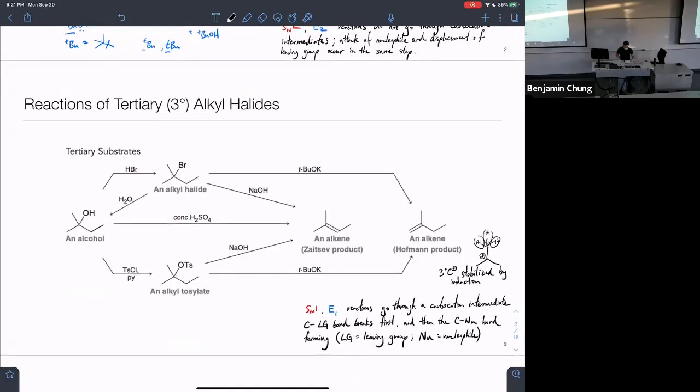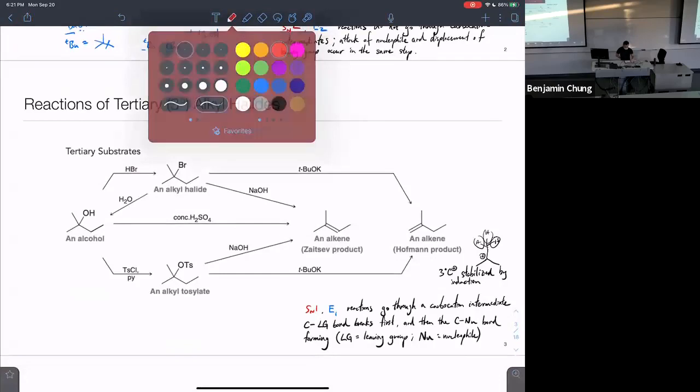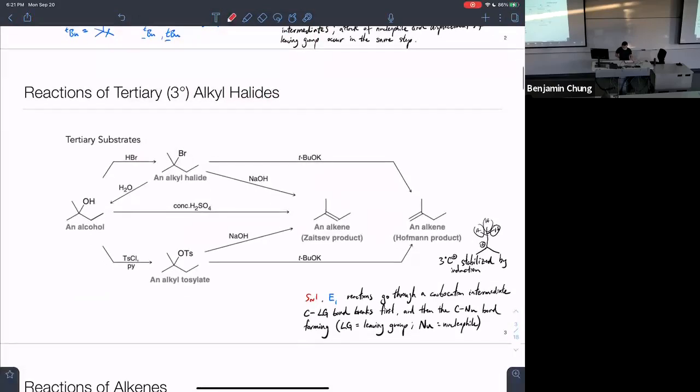Okay, so let's go through all of these reaction arrows like we did for the previous slide. So what reaction is this? Going from the tertiary alcohol to the tertiary alkyl halide. Okay, how about we think about the mechanism? So we have an acid, HBr.